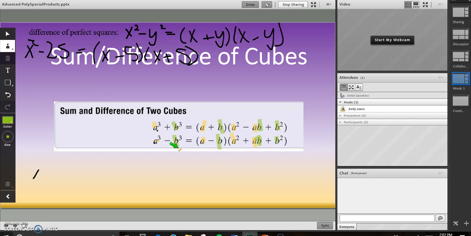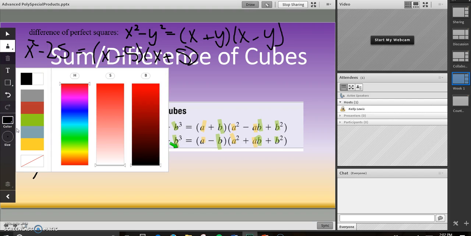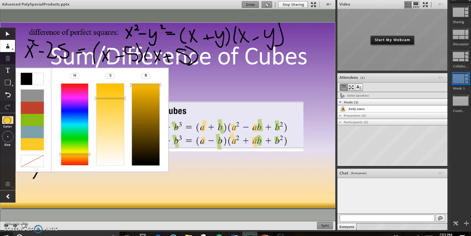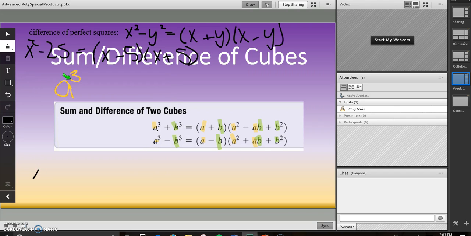All right, so for example, oh, actually, that's not what I wanted to do. I wanted to use an x.